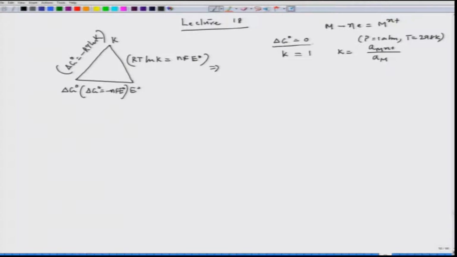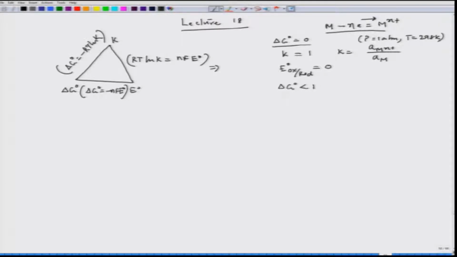Now, when we have this one to be 0, then we see E0 ox red equal to 0. Now, if delta G0 is less than 1, that means there is quite a lot of spontaneity in this particular reaction. That means, when we consider this reaction, the forward reaction is taking place.